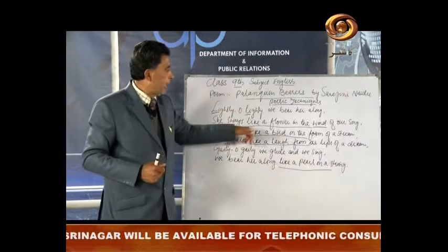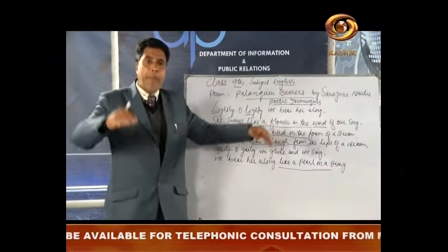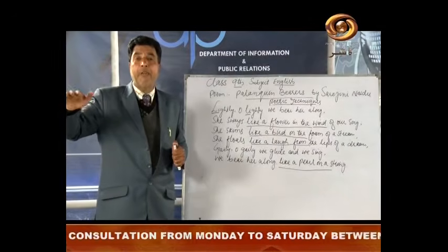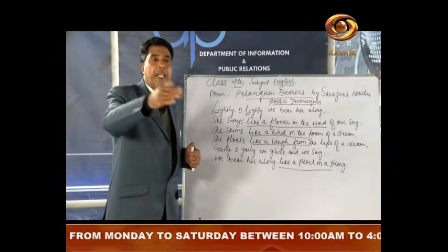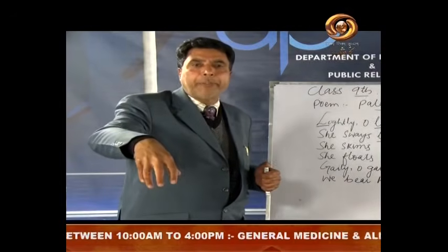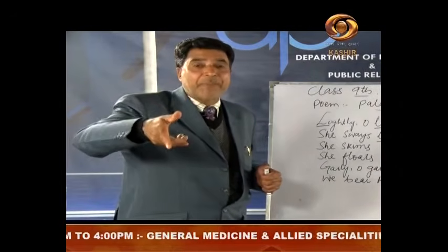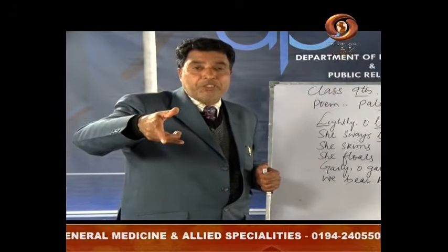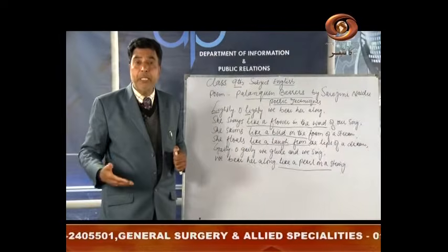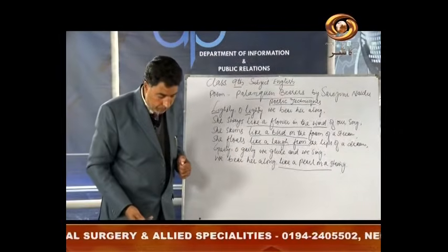For example, like a bird on the foam of a stream, you might get an image in your mind when a stream is flowing and there is a little foam, and on that foam a bird sits. See, this is image. This is the power of poetry, that poets use these images to make the meaning of the poem very easy.